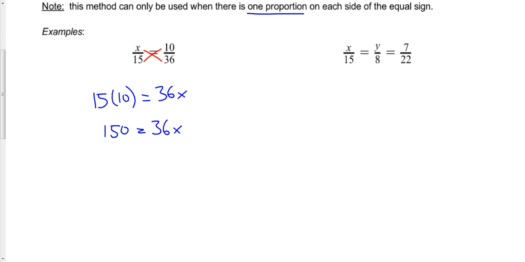Okay. Now we need to get that x value all by itself. So right now that x value is being multiplied by 36. Anytime you have a coefficient or a number in front of a variable, that means multiplication. So the opposite operation of multiplication is division. So we're going to divide the right-hand side of this equation by 36. And if we do that to the right-hand side of the equation, we must also do that to the left-hand side of the equation.